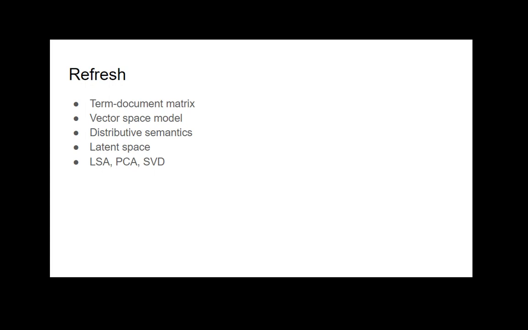Because we have like 20,000 words and 200 concepts. These concepts are some vector representations, the axes in the multi-dimensional space. And these methods allow us to build such latent space with respect to the conditions. So it should be orthogonal, it should be of small dimensions, it should still keep the major part of the information.